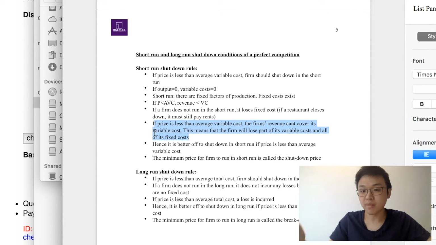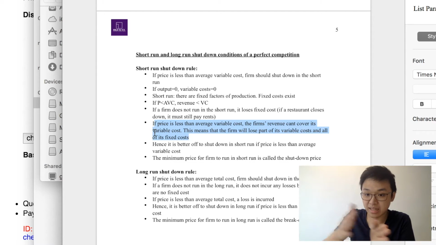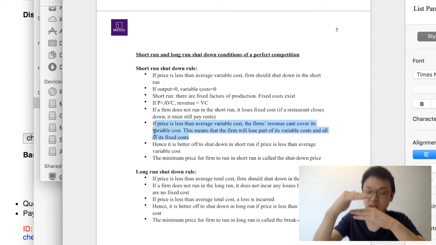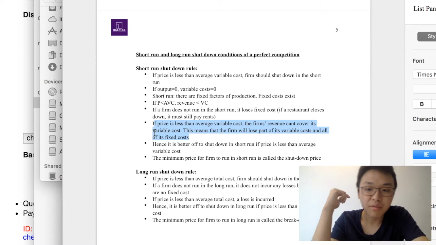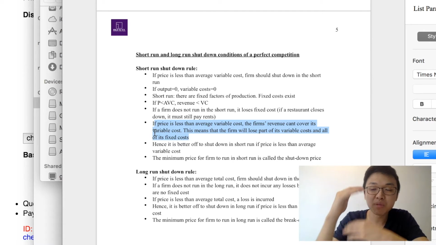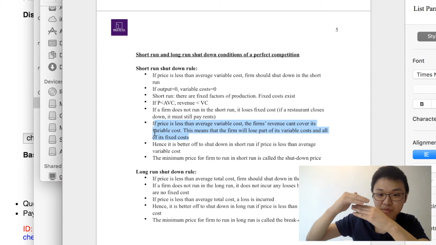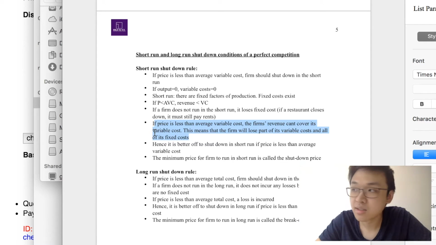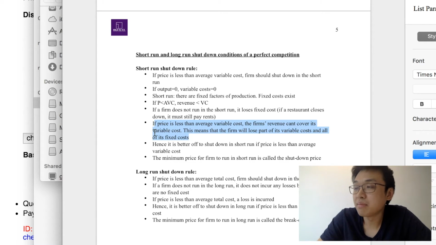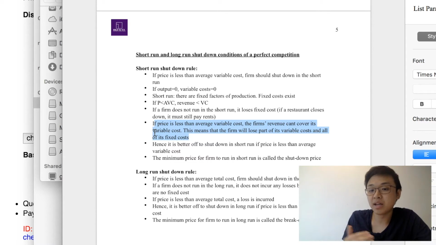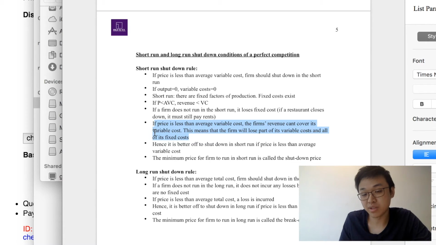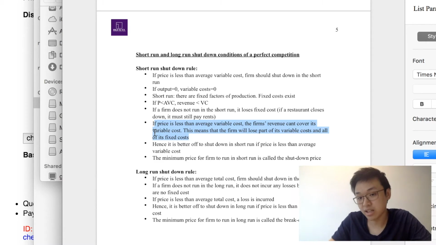If it continues to run, the revenue would only be enough to cover a small part of the variable cost. Some of its variable cost cannot be covered by its revenue. For example, the revenue will only be able to cover half of the salary, so the other half of the salary is already a loss.